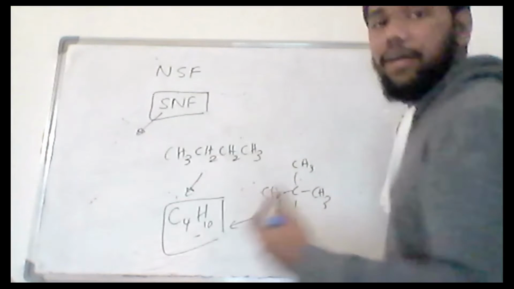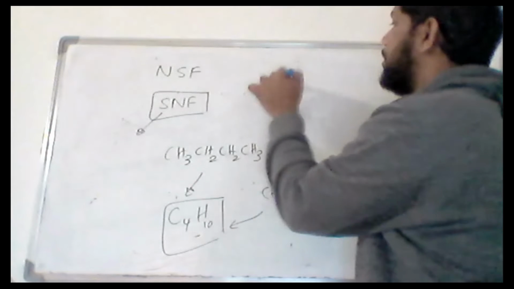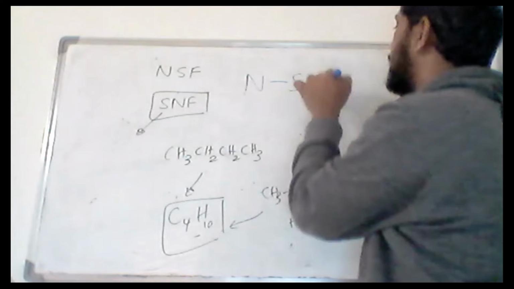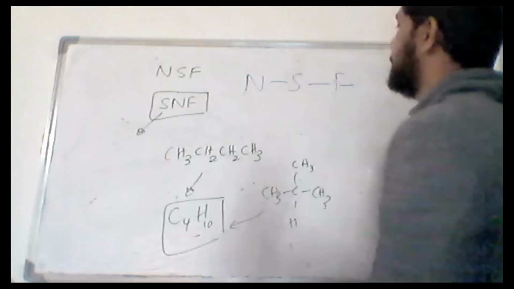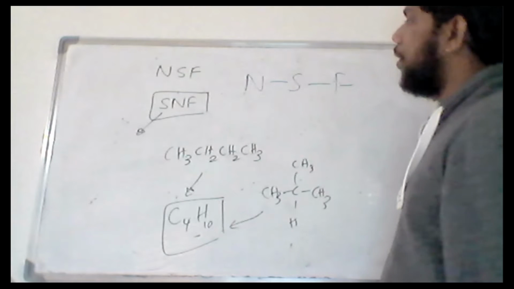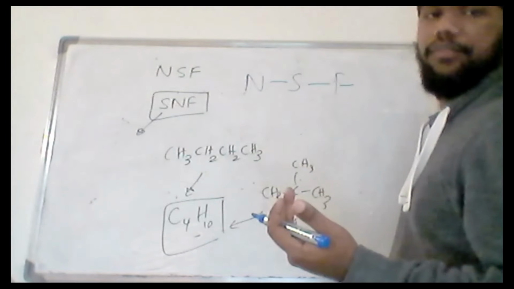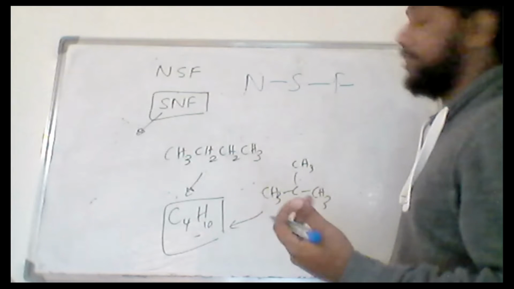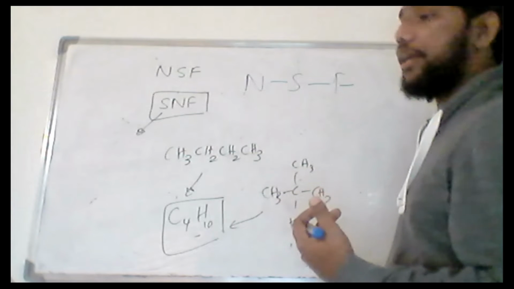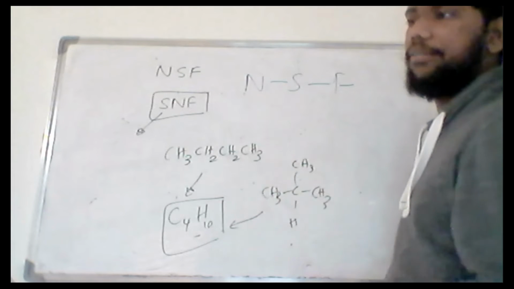The next thing is how to draw the structure. Using our normal method, there will be sulfur here, nitrogen here, and fluorine here. Nitrogen has 5 electrons, sulfur 6, and fluorine 7.